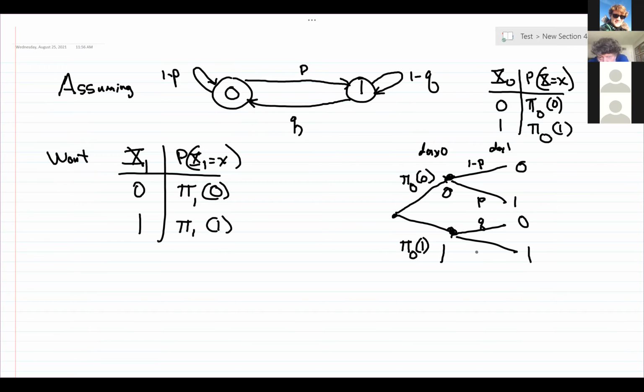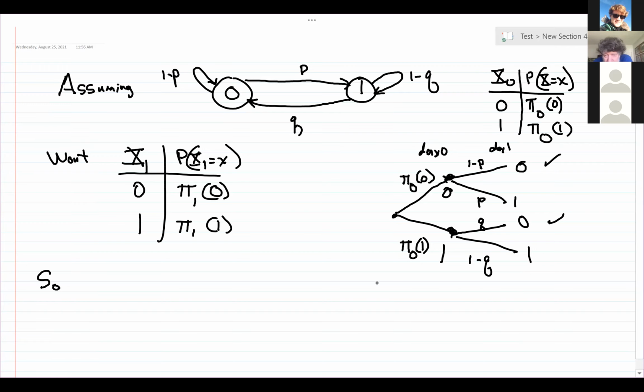Going from 1 to 1 is 1 minus q. Okay. The chance on day 1 that you're broken would be the chance of ending up at either of these two destinations.